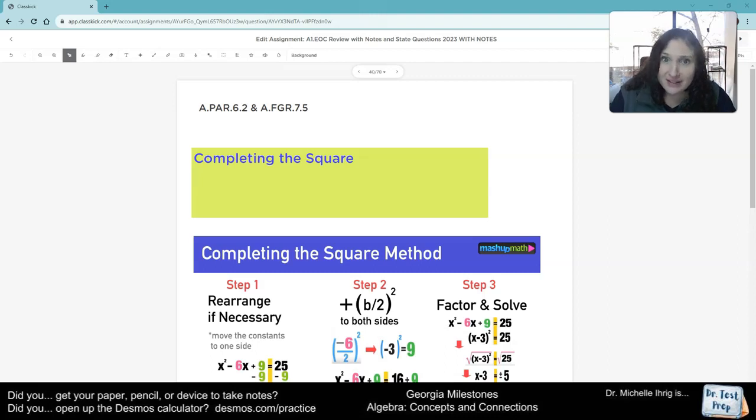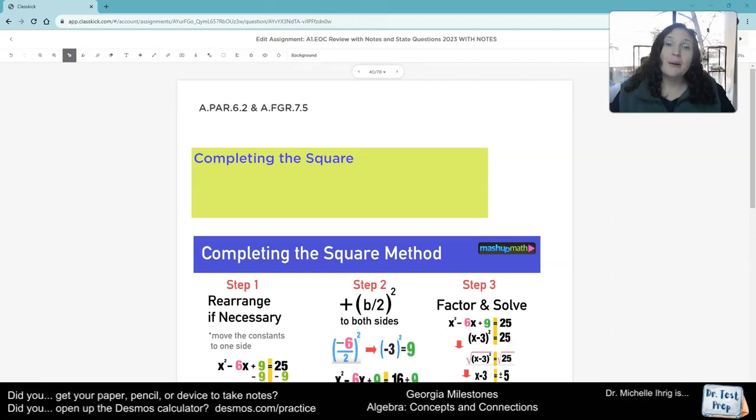Now, in all honesty, you probably won't need to really complete the square because you can always use the graphing calculator to compare functions. However, sometimes they might be tricky, and they might give you an example of completing the square, and you'll need to know the steps so that you can say, no, this line was wrong, or you need to do this.